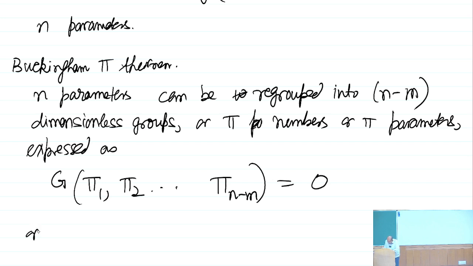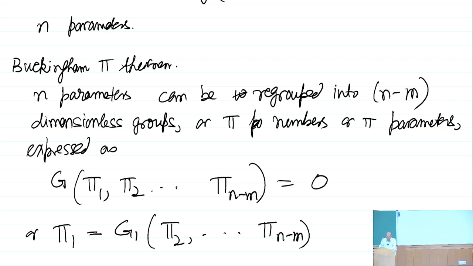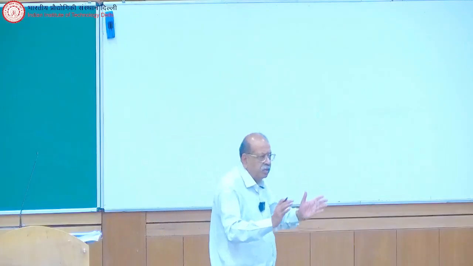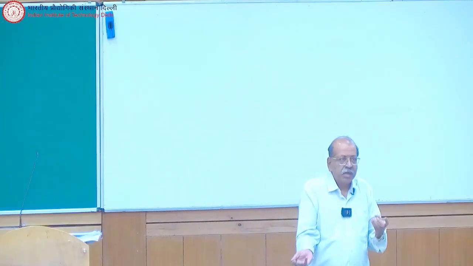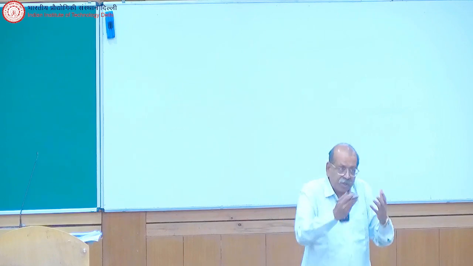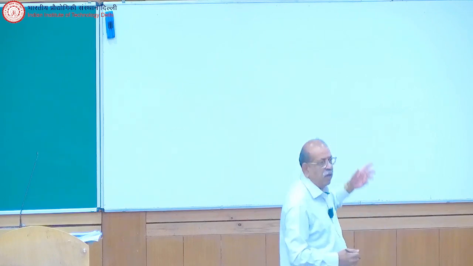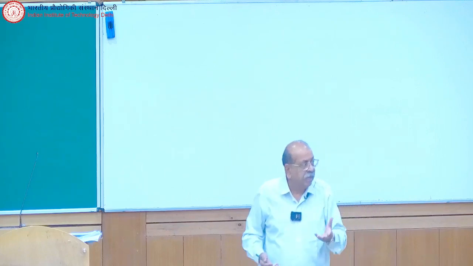Or we can write it as pi 1 is equal to G1 of pi 2 up to pi of n minus m. So this is the basic Buckingham pi theorem, that dimensional quantities can be expressed as a function of dimensionless groups, where the number of dimensionless groups will now be less.